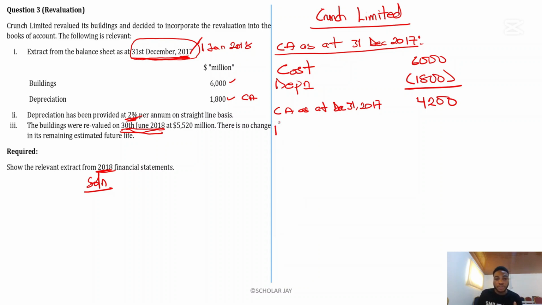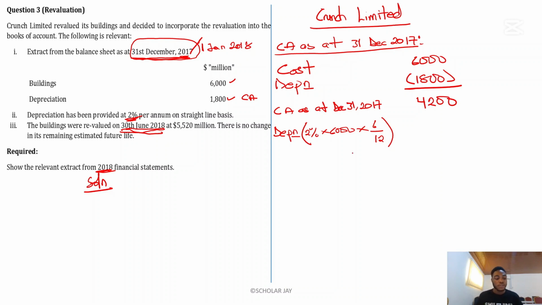So depreciation here, we know it's calculated on cost. So 2% times our 6,000. How many months do we have in a year? We have 12 months. But from January to June will be 6 months. So it means that it will be 6 over 12, because January, February, March, April, May, June.